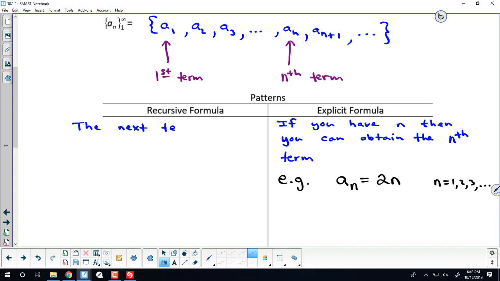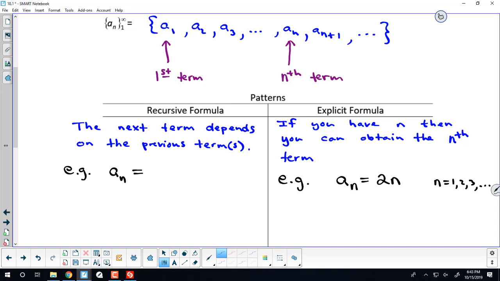An example of that would be a sub n is 2 times a sub n minus 1, where a sub 1 is equal to 3.